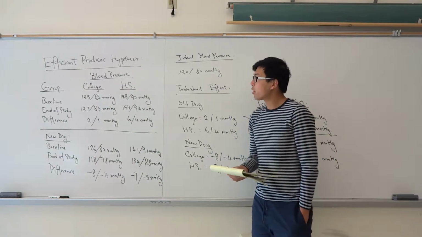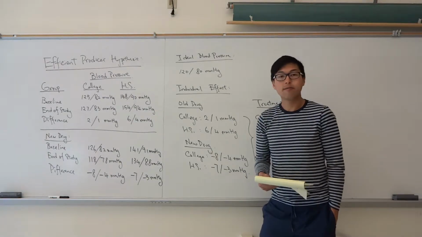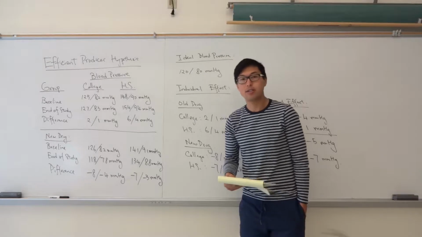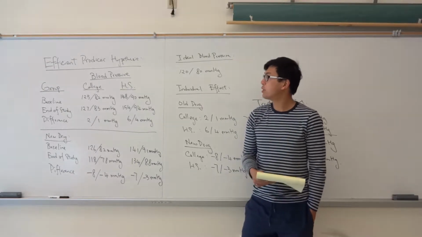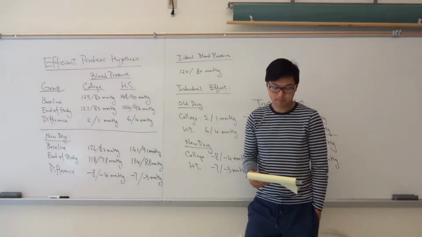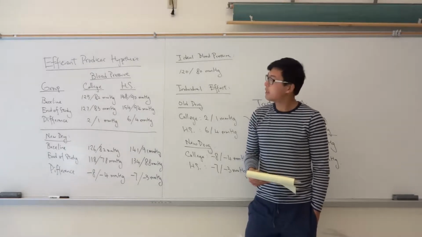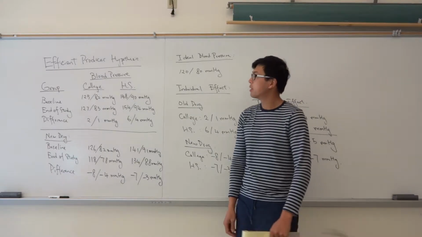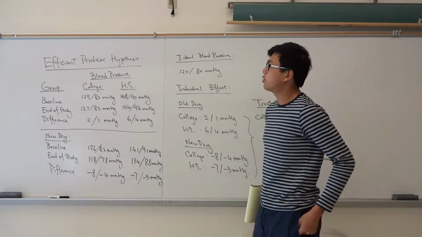So today we are going to take a look at one of the examples that might give us some evidence to believe the efficient producer hypothesis. In this example, we are looking at a study that separates two groups of people.